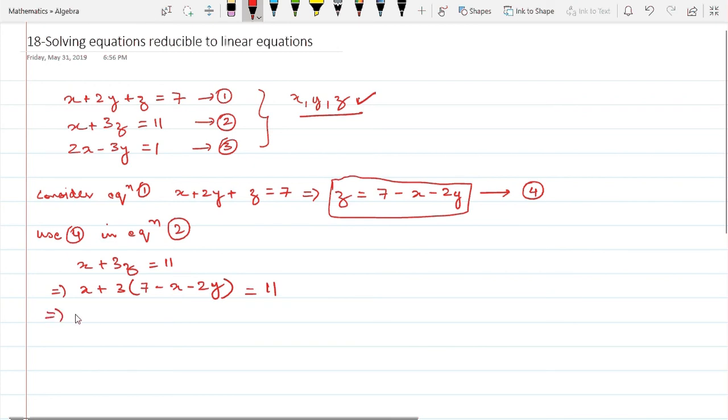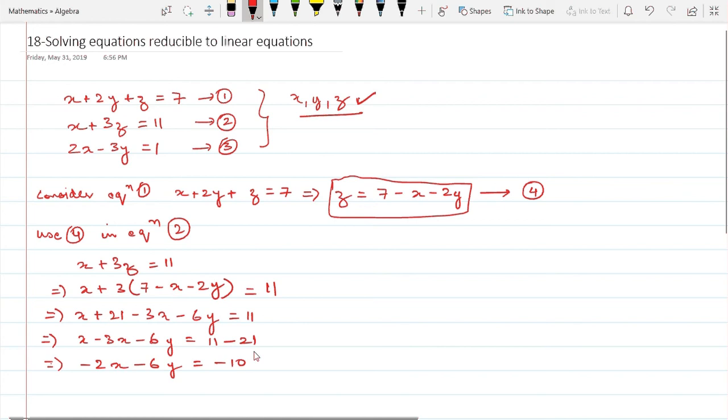What this becomes is x plus 21 minus 3x minus 6y is equal to 11. Moving the numbers around, I get x minus 3x minus 6y is equal to 11 minus 21. This becomes minus 2x minus 6y is equal to minus 10.